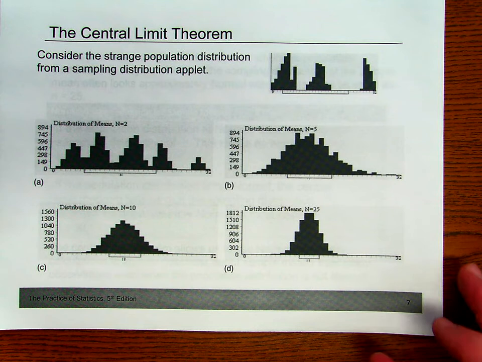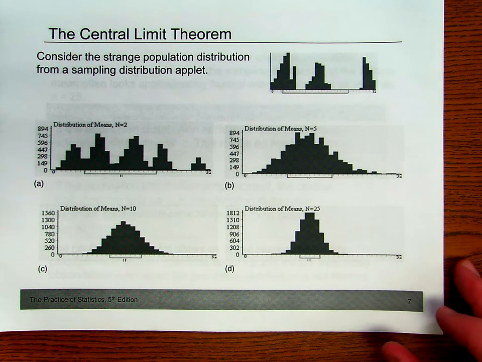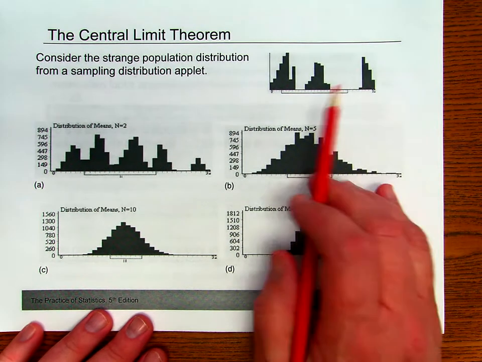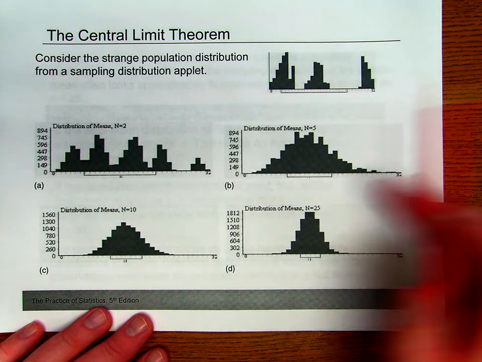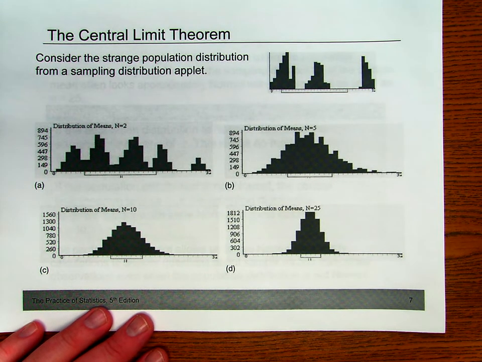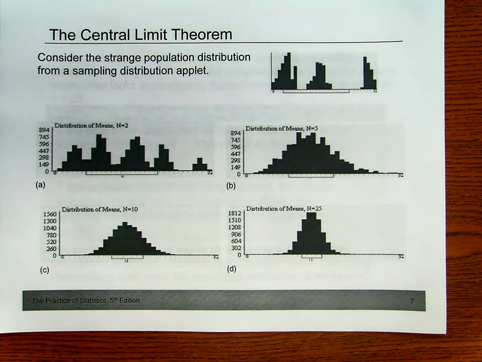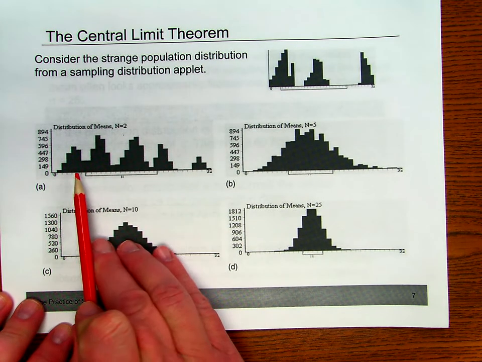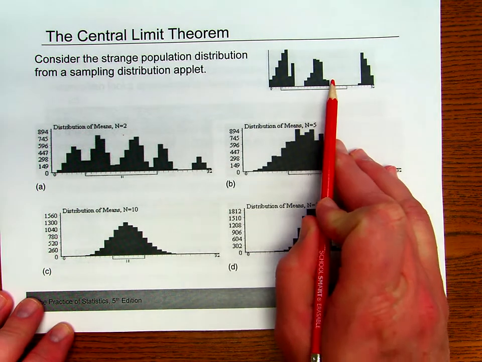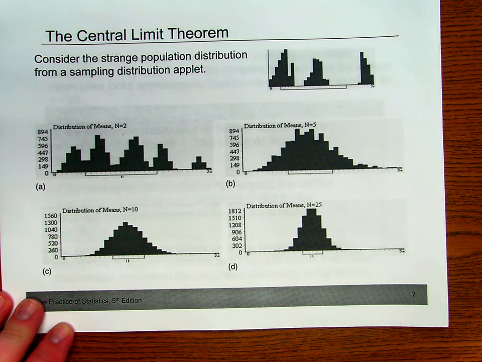All right, this is another example to illustrate that idea. So we're starting off with a very strange population distribution. It looks like it's trimodal. It's got 3 peaks. Very weird shape. So if we were to approximate the sampling distribution of sample size 2, you see that this resembles somewhat the original population distribution.